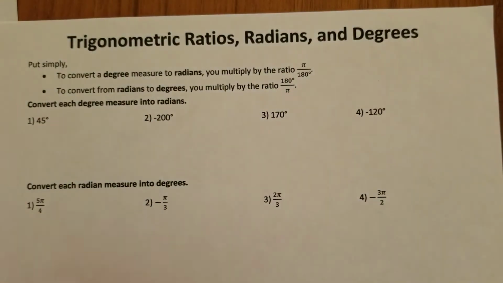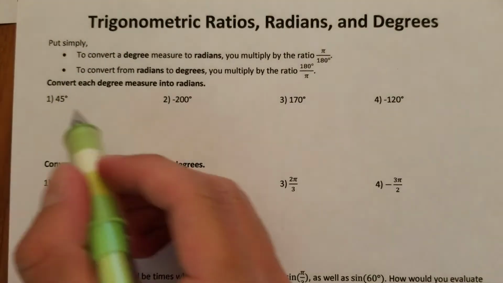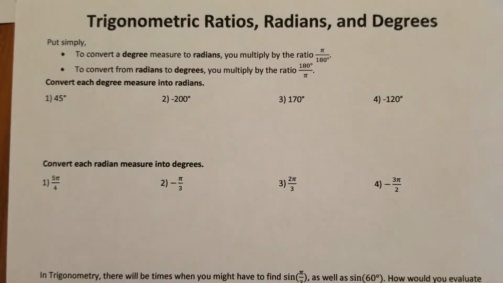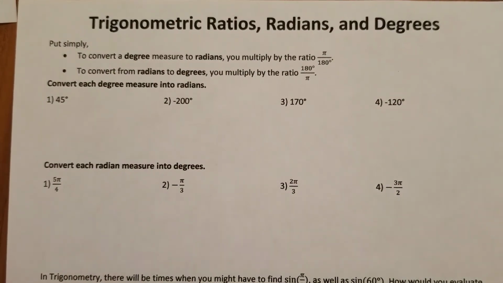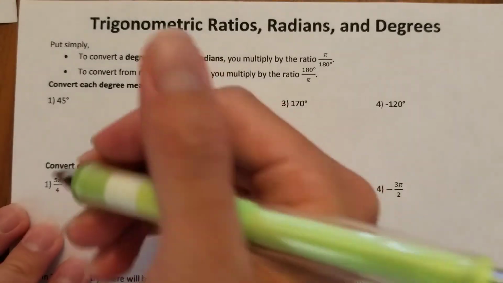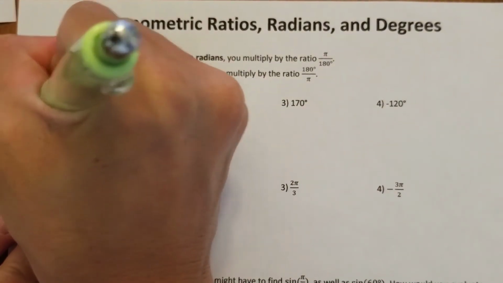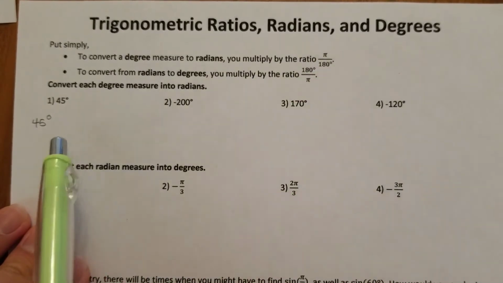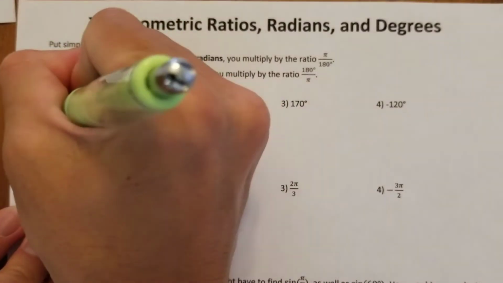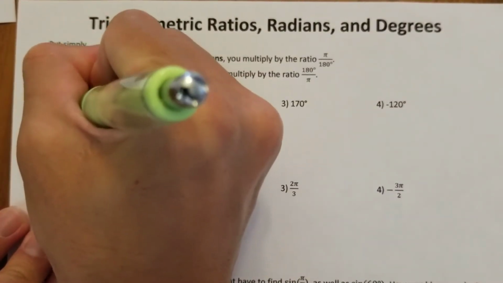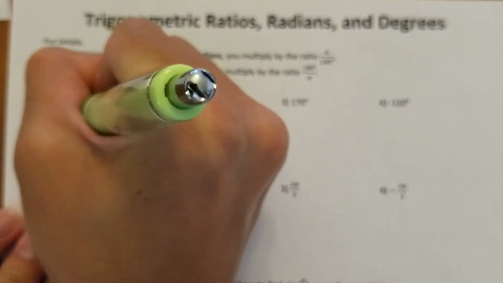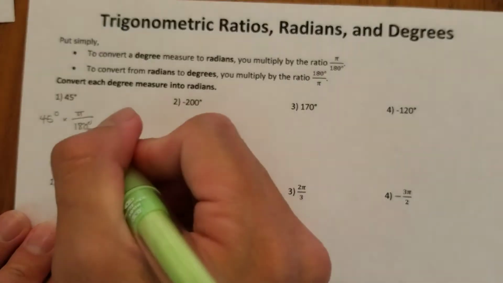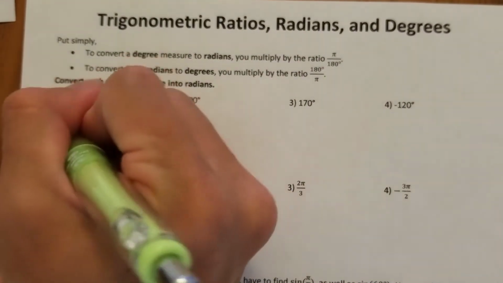So this one says convert each degree measure into radians. What I see is this is a degree measure. When I convert to radians, we have to multiply this by the ratio of pi radians divided by 180 degrees. 45 goes nicely into 180.